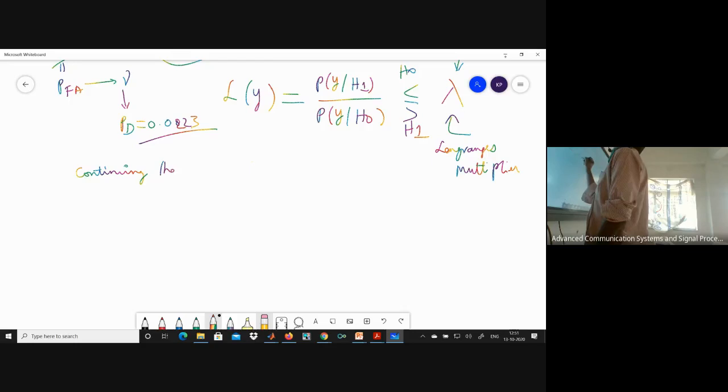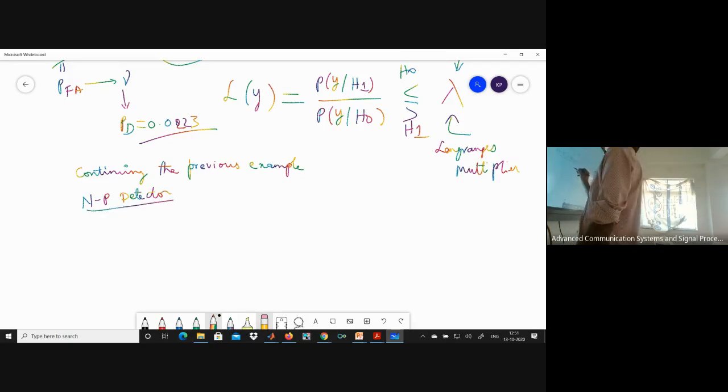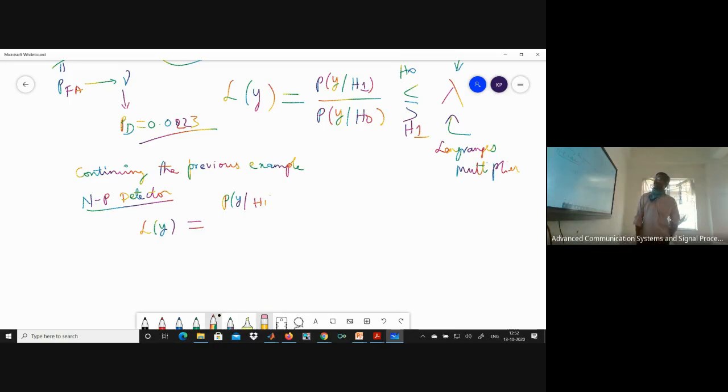Continuing the previous example, as per the NP detector criteria, we are going to have L of y, which is equal to probability of y given H1 divided by probability of y given H0.